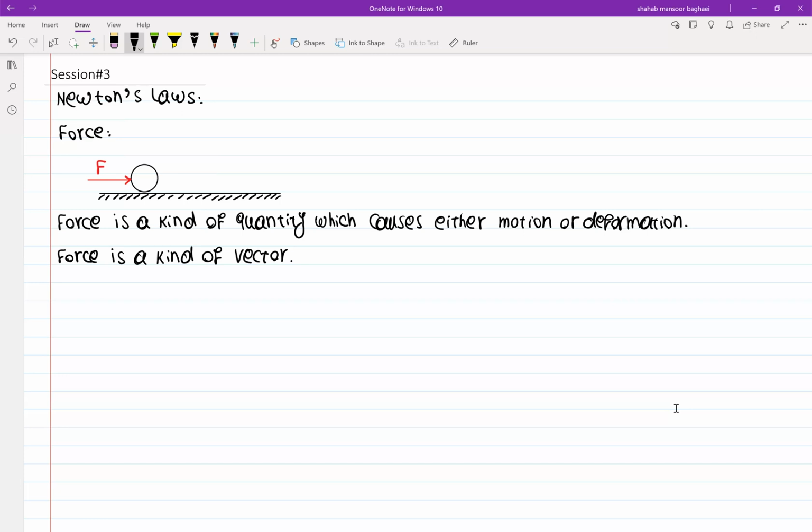I mean, Newton was a physicist, and he focused on force and force effects. Therefore, the unit of force is Newton.